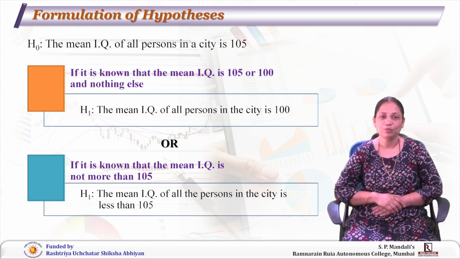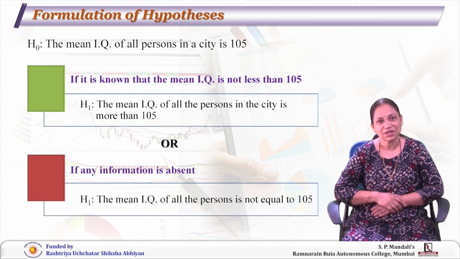Let us see how to formulate the hypothesis. Consider a null hypothesis which says that the mean IQ of people in a city is 105. If the information says that the mean IQ can either be 100 or 105, the alternative hypothesis that can be formulated will be the mean IQ is equal to 100.